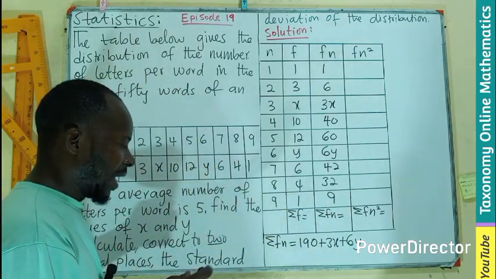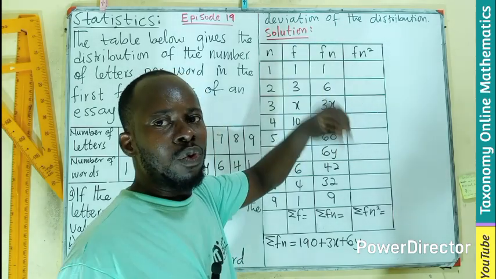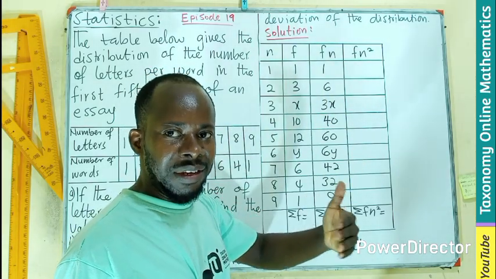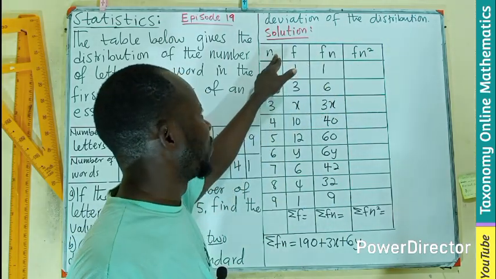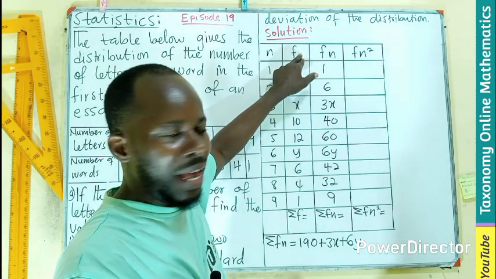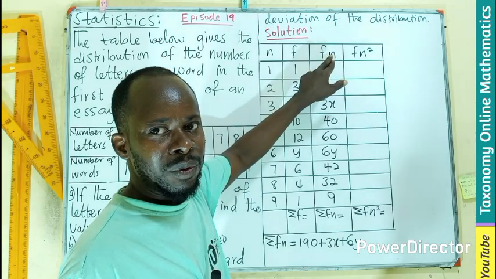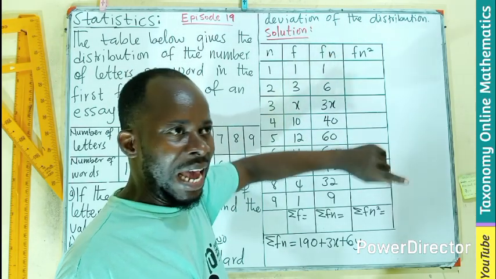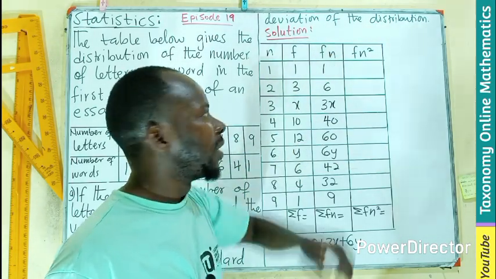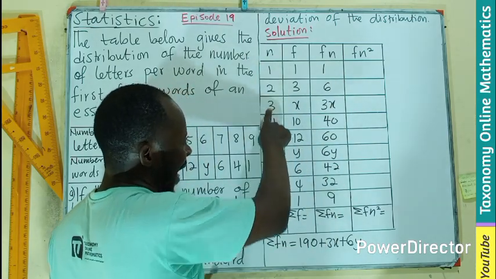Then the next thing to do is to find fn squared. In some cases, people find the n squared, then multiply by the f. It's the same as multiplying the n by the fn. You know, f times f n will become fn squared. So I am going to multiply all of this column by the n column.